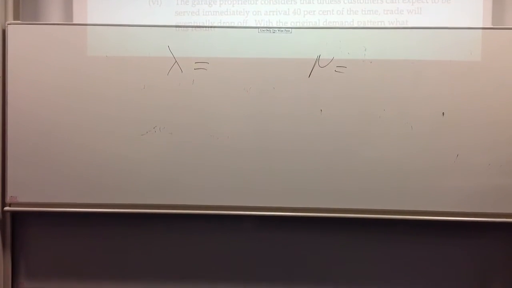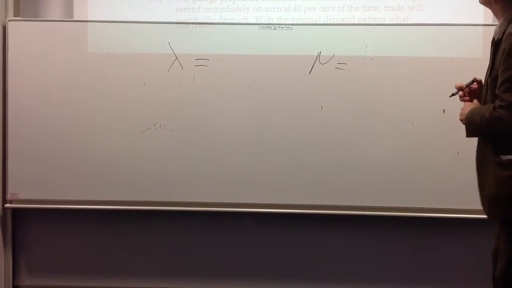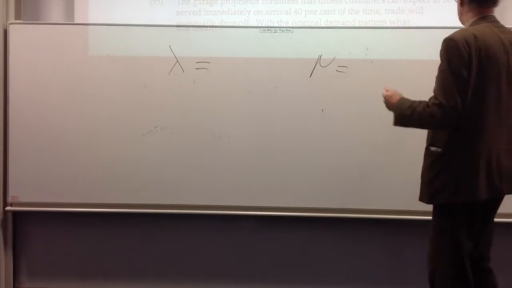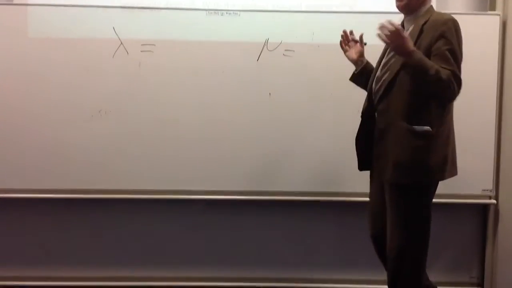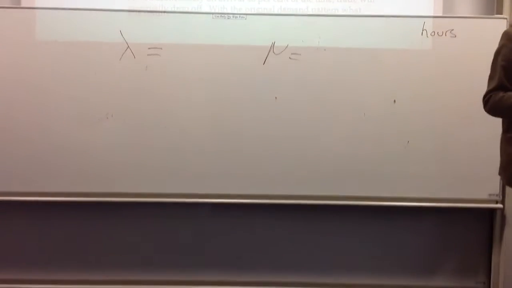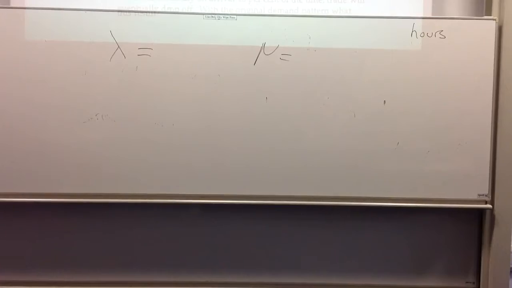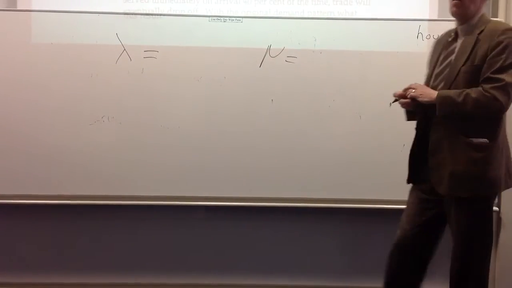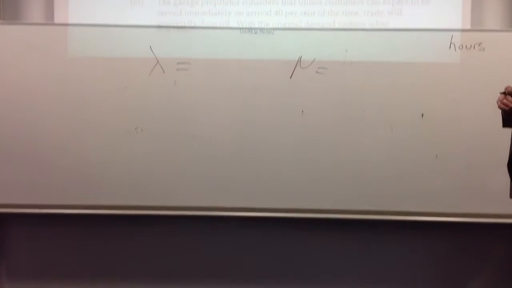So let's suppose that we take our time units as hours. So therefore our answers come out in hours and so on. What is the arrival rate, number per hour, from the information given?